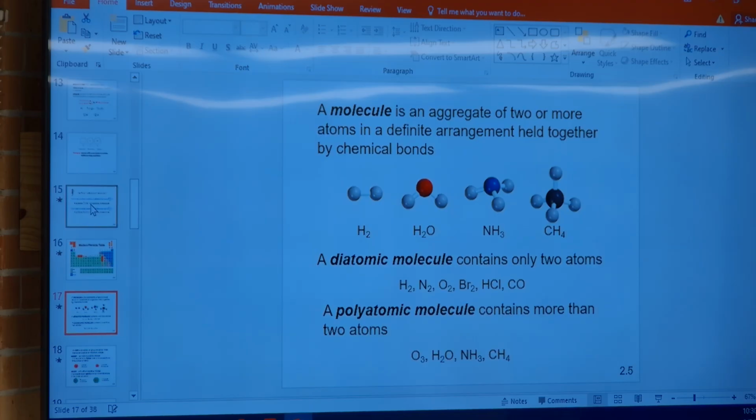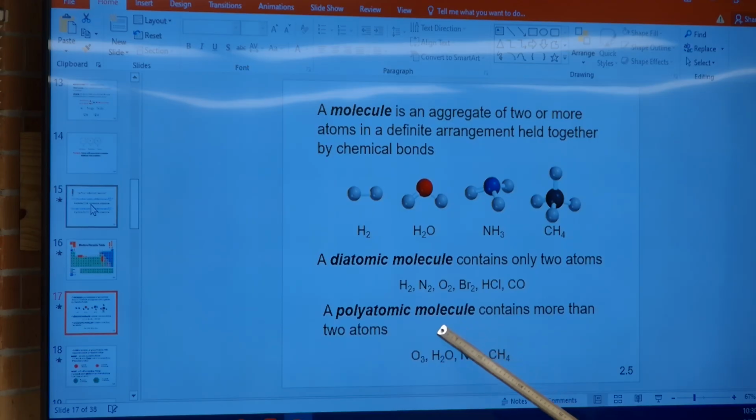This is a molecule. If only 2 atoms bond to each other, then we give the name diatomic molecule. Di means 2, right? We learned in chapter 1. Mono is 1, di is 2, tri 3.